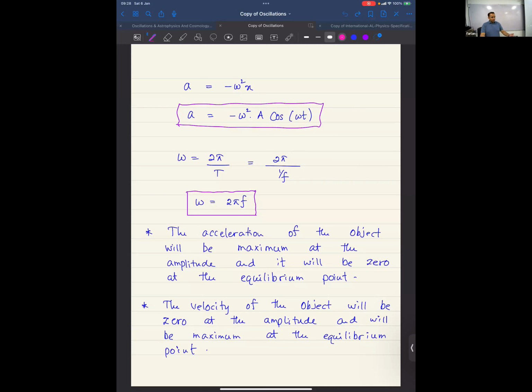Okay, and now the next point, the velocity of the object will be 0 at the amplitude.